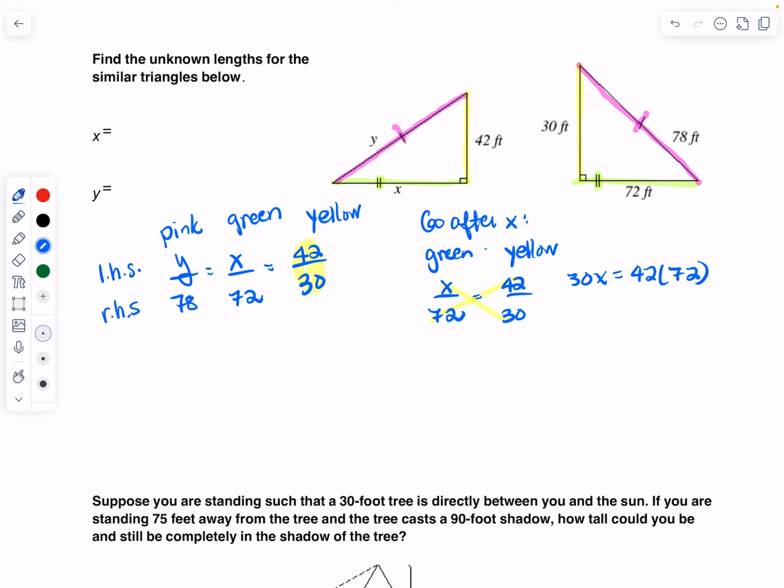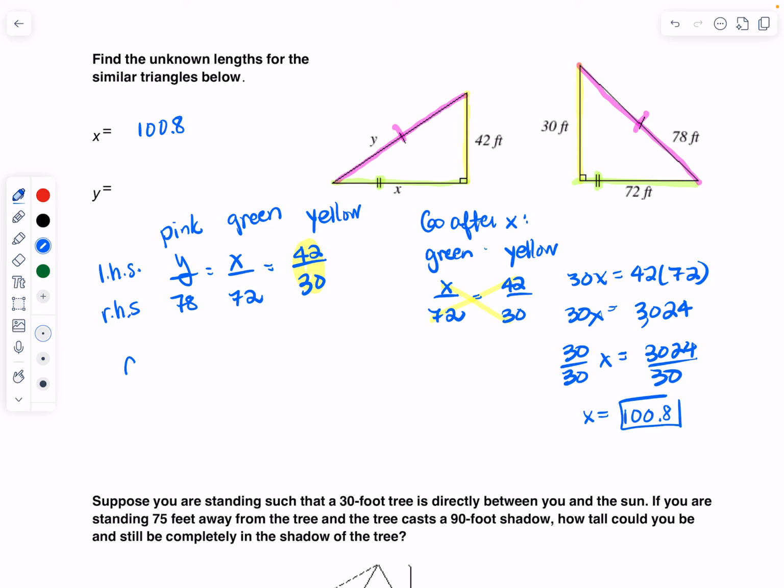Now I'm going to have to multiply that out. So 42 times 72 equals 3024. Now to get x by itself, I'm going to divide off that 30. And when I do that, I get x equals 100.8.